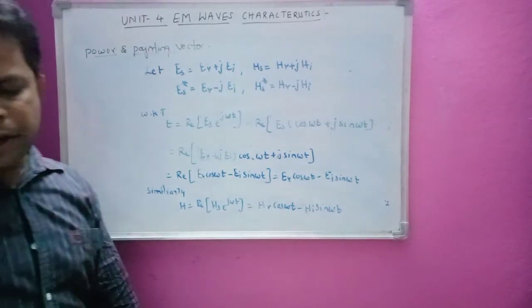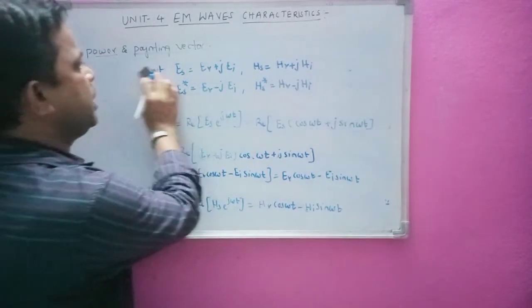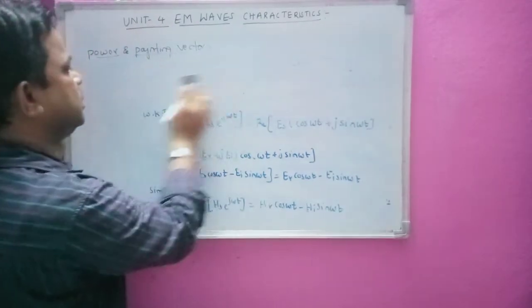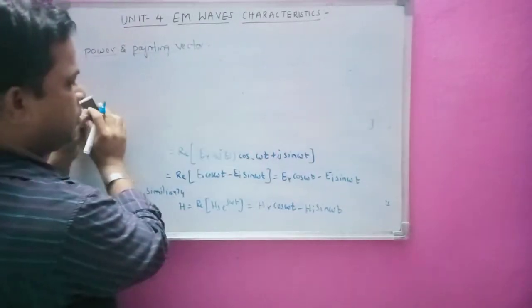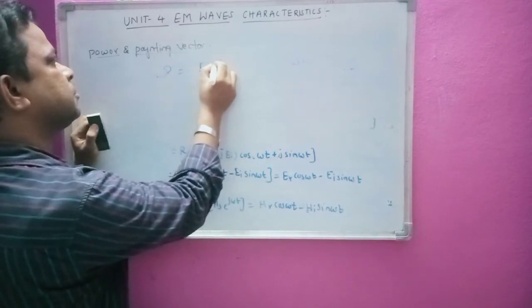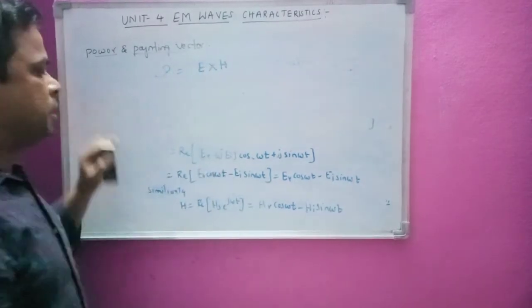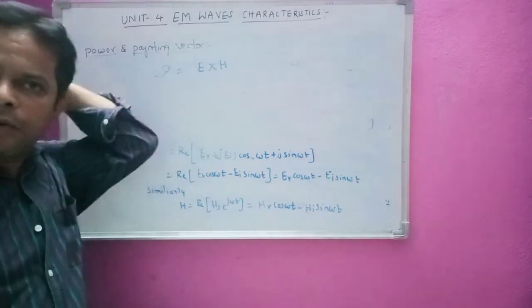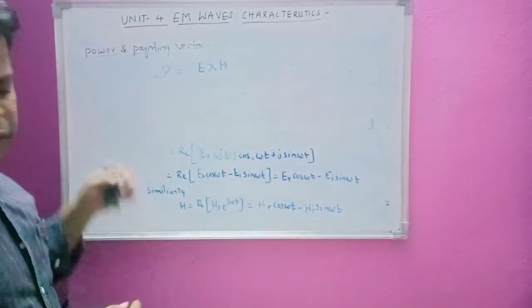So now I have to take the Poynting vector. What the Poynting vector equation is we have, that is we know that P is equal to E cross H is the Poynting vector. Now we have got E and H. So now we have to take the cross product of these two equations.